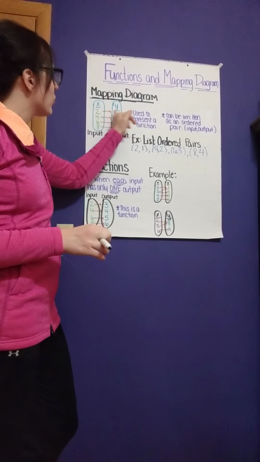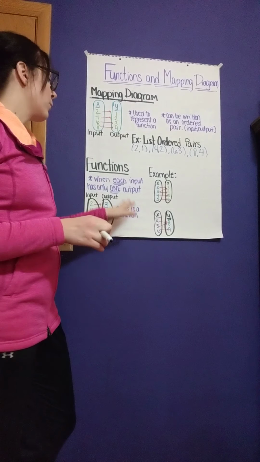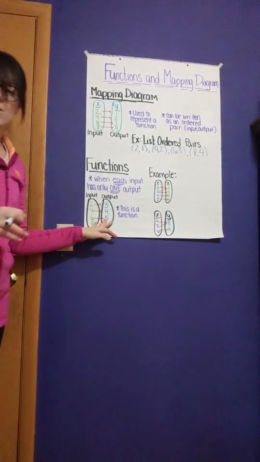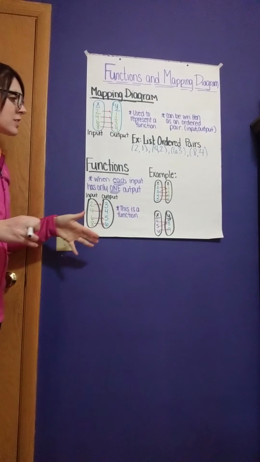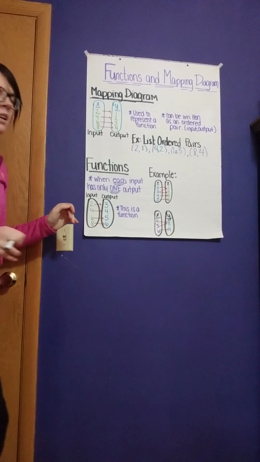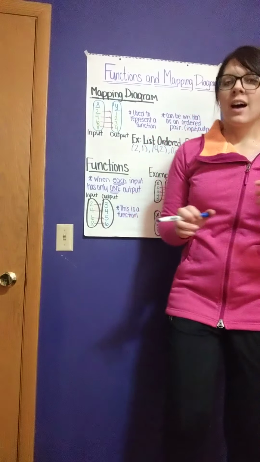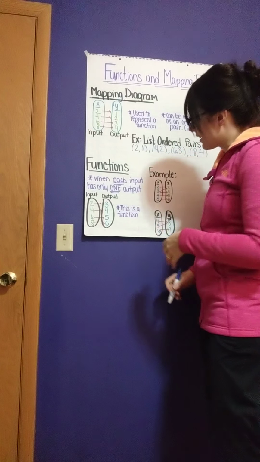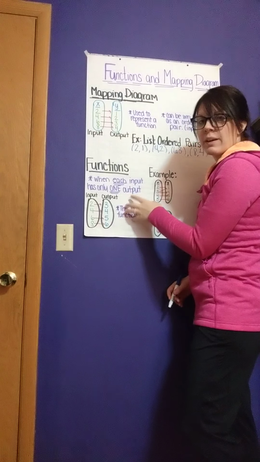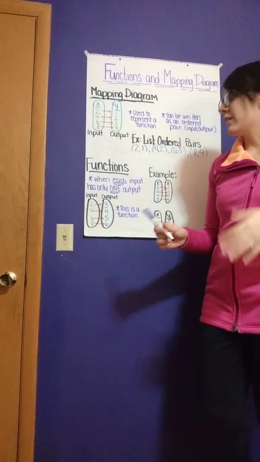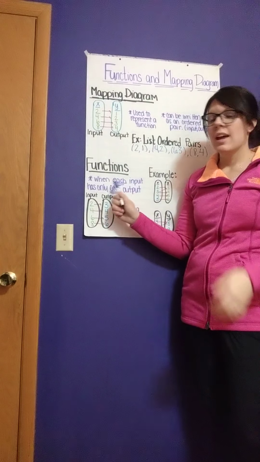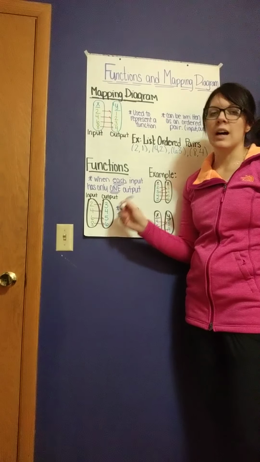So if I put in 2, I get 1, which leads us to our functions piece over here. Our functions piece is extremely important because it basically tells us if it's a function or not. For it to be a function, each input has only one output.